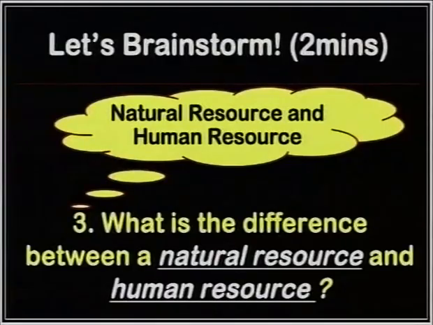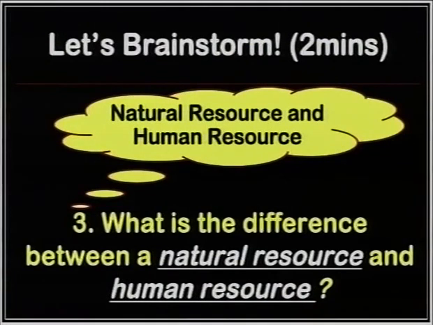Okay, good. Any other answers? Nakawa said natural resources are resources found in the environment or natural environment, or it's to do with nature, and human resources are man-made things or man-made resources. Any other answers?